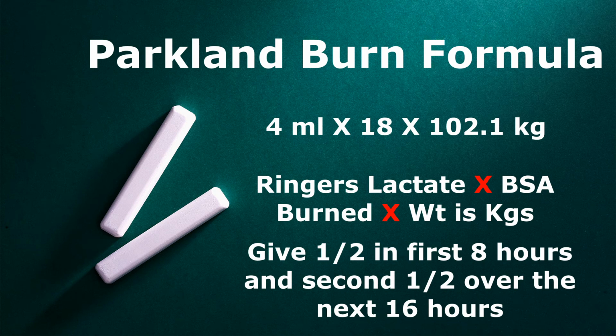Now, we give half of this solution in the first 8 hours and the other half over the next 16 hours. So, looking at the question again, we go like this. We go 4 milliliters times 18% times 102.1. That is the person's body weight in kilograms.